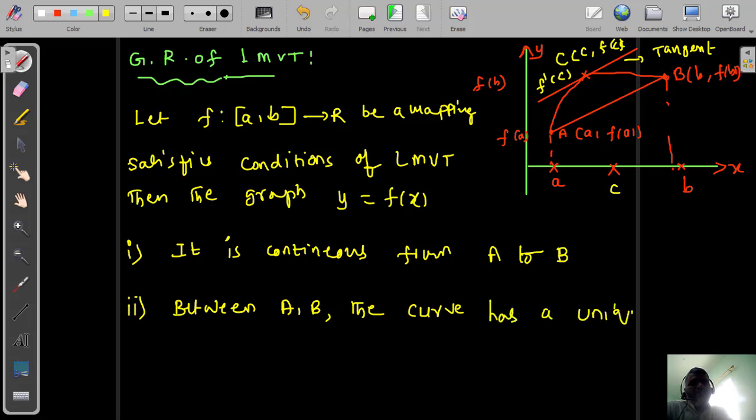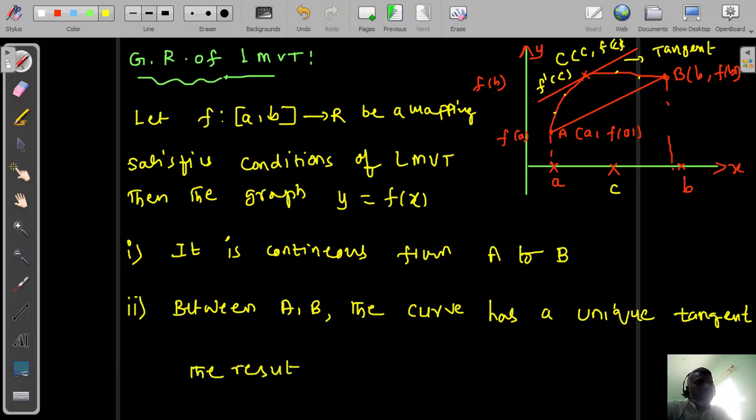So if you draw a tangent, it should be unique at every point between A and B. So there is no third condition.